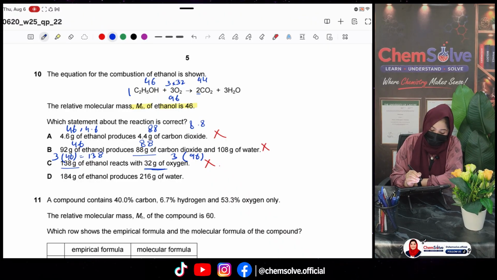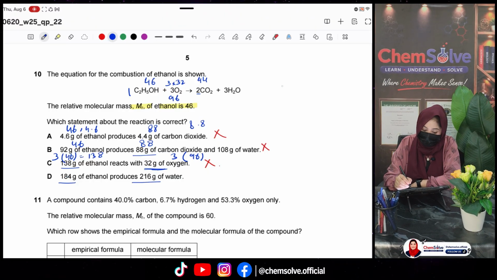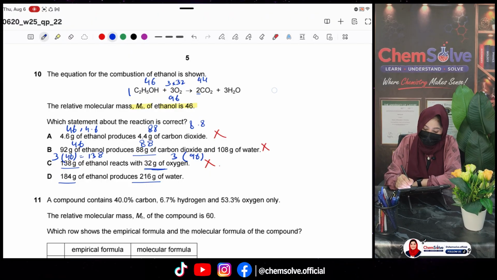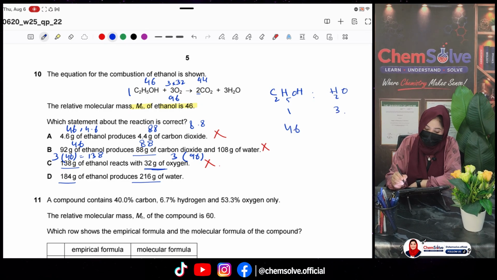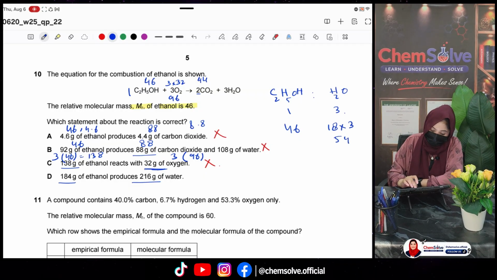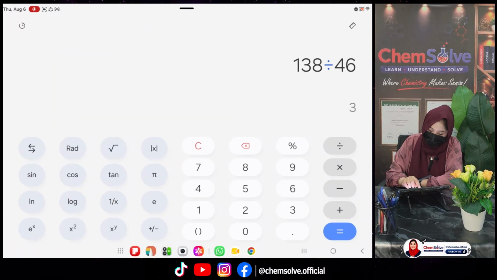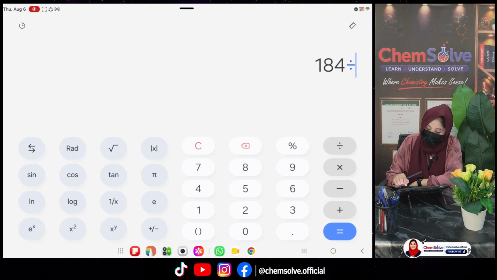Now look at option D for question number 10. 184 of ethanol produces 216 of water. So let's see what the relationship is. C2H5OH is 1, then water is 3. This is 46, then this is 18 multiplied by 3, that is 54. 184 divided by 46 is multiplied by 4.